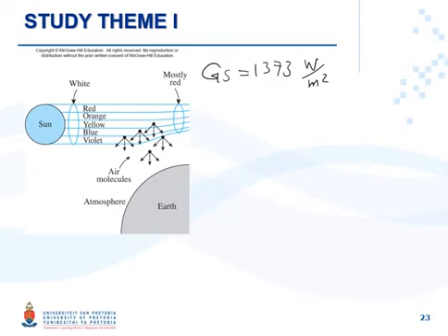This mechanism is called scattering or reflection. Simply, it means that the solar radiation, before it reaches the Earth's surface, will be absorbed and scattered by air molecules, as well as other kinds of particles in the atmosphere, like dust, smoke, water droplets, whatever.